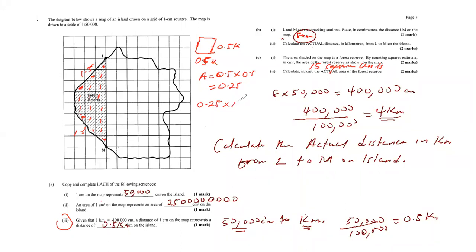Let's work it out and see what we get. 3.75. So the area we are looking for is 3.75 kilometers. Would it be kilometers or kilometers square? Kilometers square, thank you.